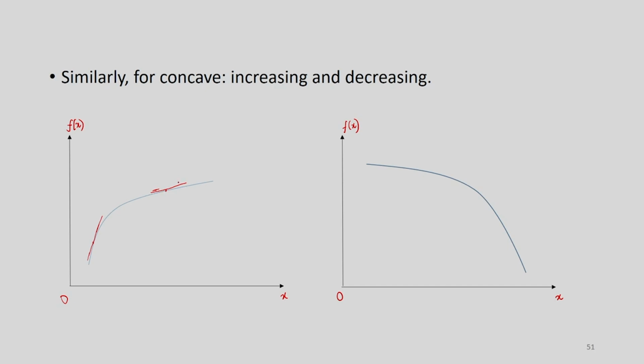So, the slope is declining, and that is the idea of a concave function. But this is a rising function. Now, let us concentrate on the declining function. If we take a slope here, it is a very flat line, maybe the slope is minus 0.2 or something.